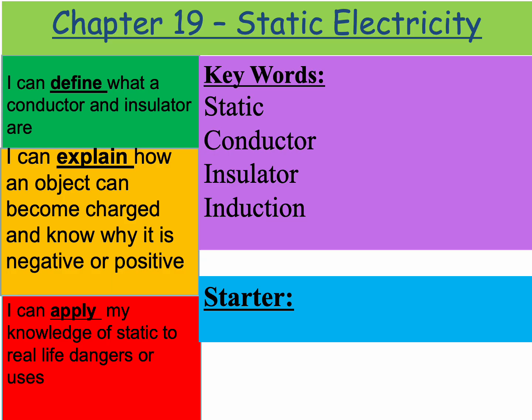We're going to look at how an object becomes charged and with different types of charges, positives and negatives, how they work together or affect each other. We're going to look at some real life static problems, or applying it to real life dangers and things like that, all right?